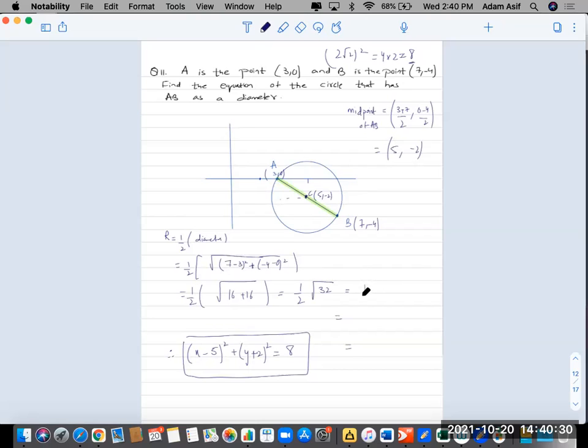So square root of 32 is 4 root 2. If you simplify this, you get 2 root 2. So the radius is 2 root 2. Now over here, when you plug in r square, you have to square 2 root 2. So 2 root 2 squared is 4 times 2, which is 8. It's the same thing, right?